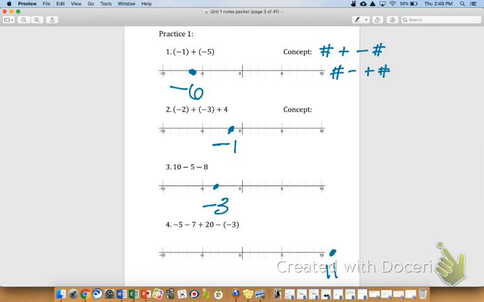Both of those mean start wherever you need to start and then go left the appropriate number of spaces. By the same token, if you have some number plus another number, that means go right. And so far, maybe this makes kind of sense. This is the weird one. This is the one you had in number 4. What does it mean if you have some number minus a negative number? Which direction do we go? That means go right.